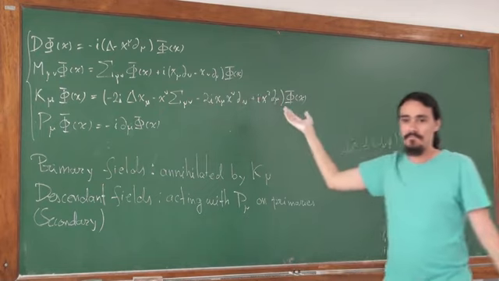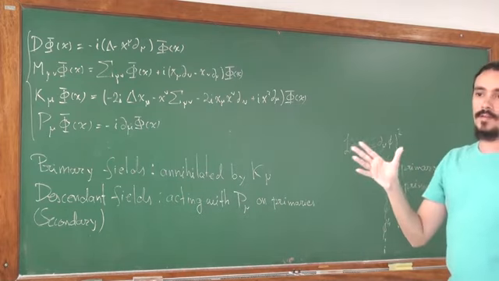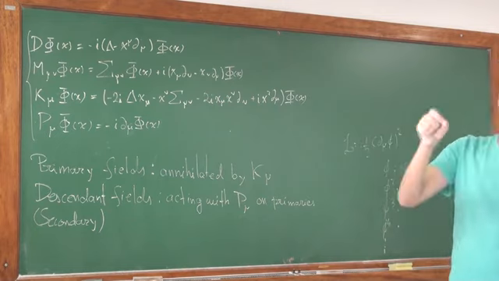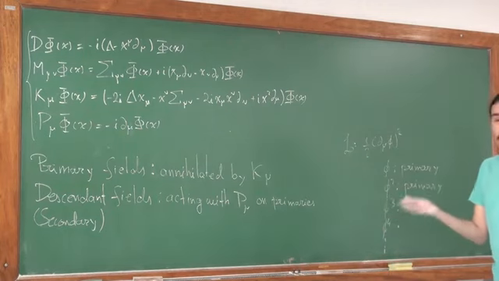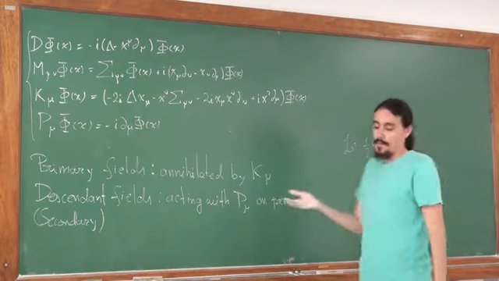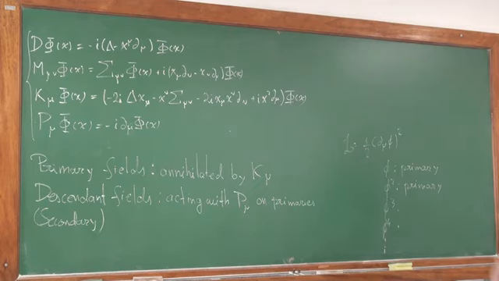It's just a pain. One easier way to do it is you take your operator and you see if it can be written as a derivative of some other operator. Okay? If it cannot, then it is a primary. If it is written as a derivative of another operator, then it is a descendant. Okay? This is just a shortcut. And for free theory, phi turns out to be a primary.